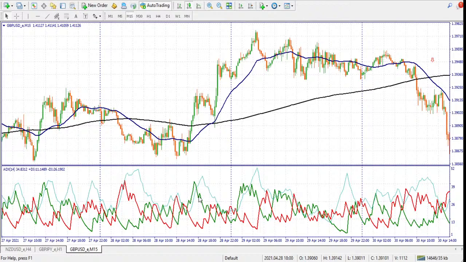The green line being above the red one means that we are in an uptrend. And the red line being above the green one means we're in a downtrend. And if this other thin line is above level 25, then that means that trend, whether it's upwards or downwards, is active. It's very useful. It's working out properly.